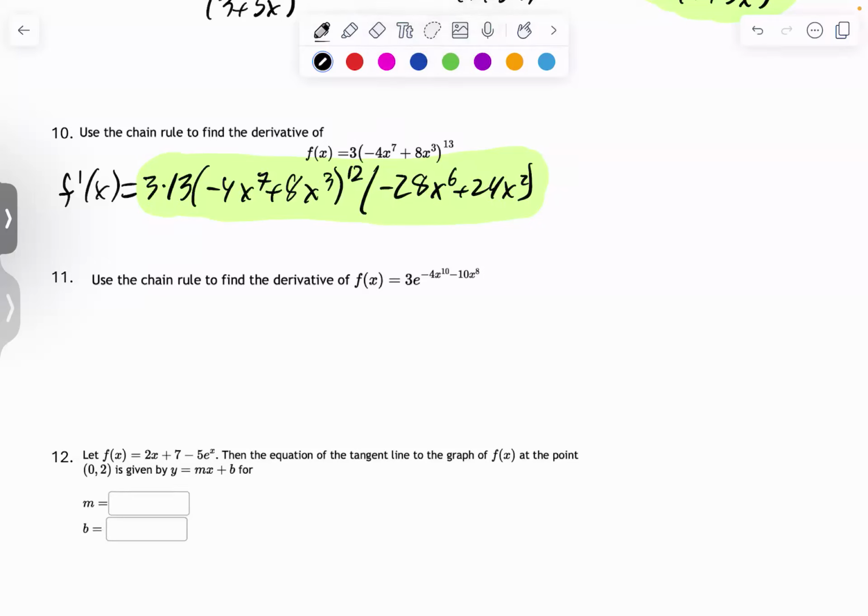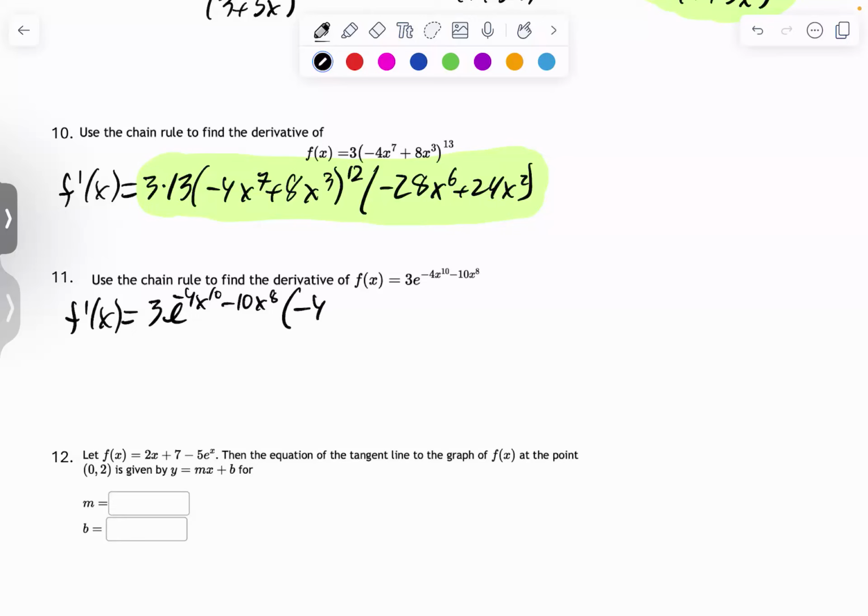Number 11, we have more chain rule. So f prime of x becomes 3e to the negative 4x to the 10th minus 10x to the 8th. Now I have to do the derivative of the exponent. That's part of the chain rule.